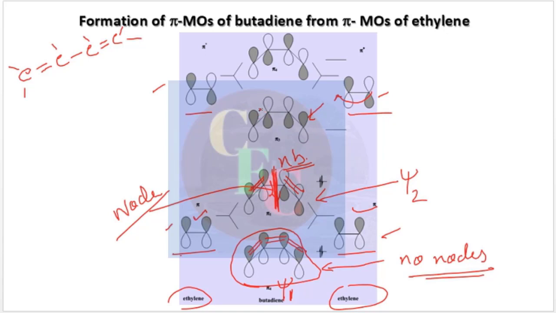See, here there is a non-bonding situation, so a node. Here also there is a node, and it is from this non-bonding ethylene orbitals only. But here you have a bonding situation. So there are two nodes now, right?